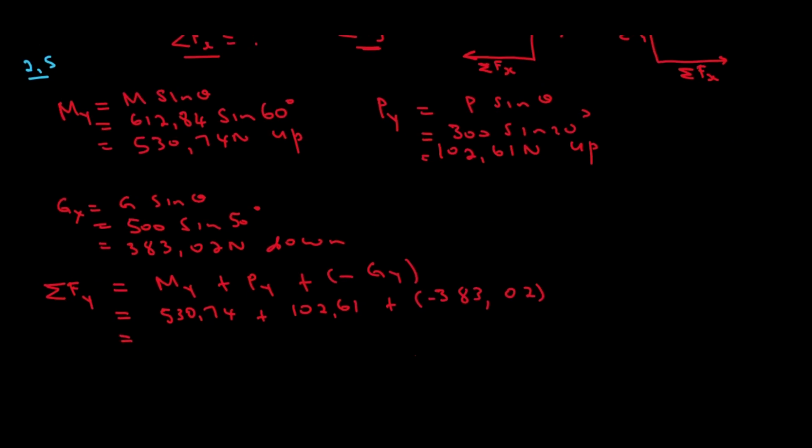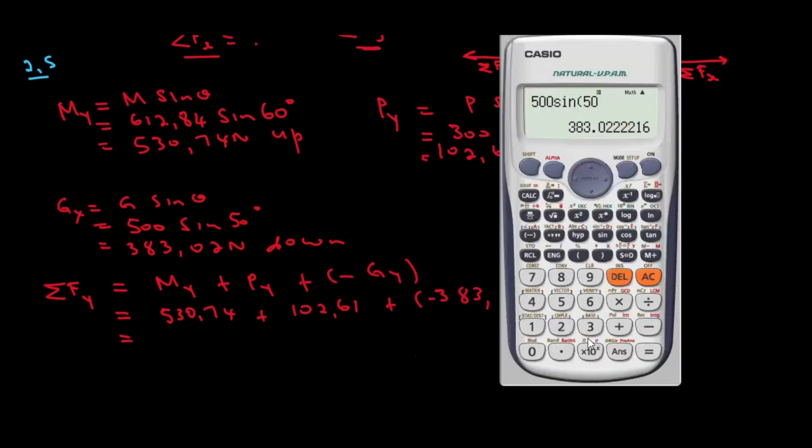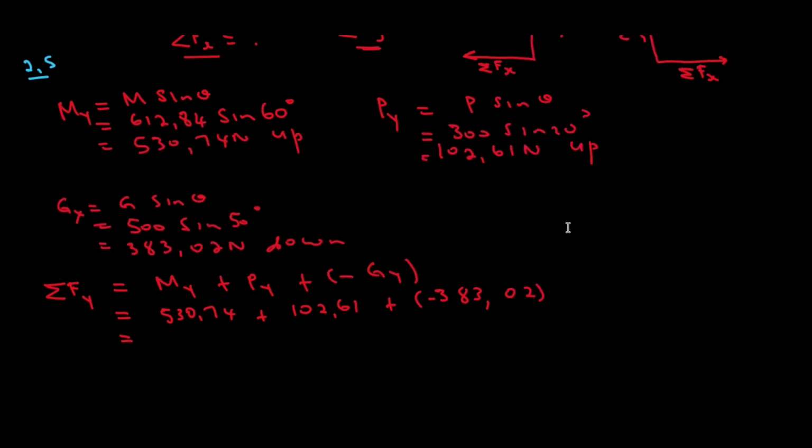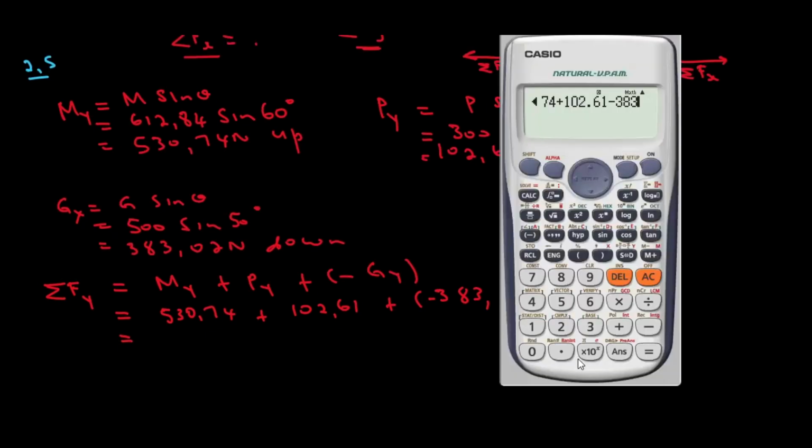Let me pull up my calculator: 530.74 plus 102.61 minus 383.02, and I'm getting 250.33.